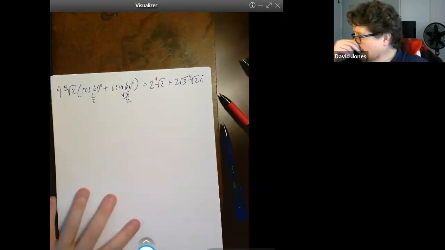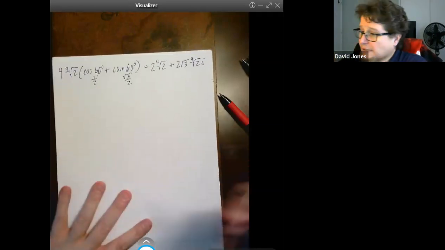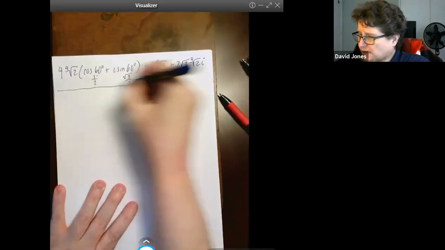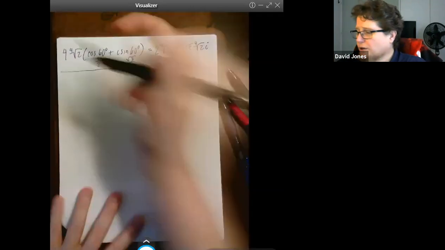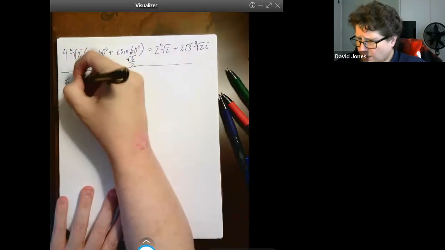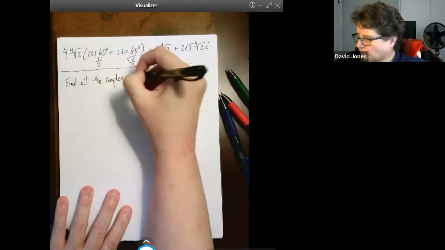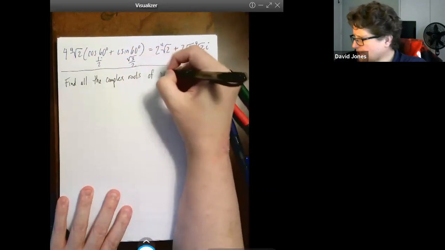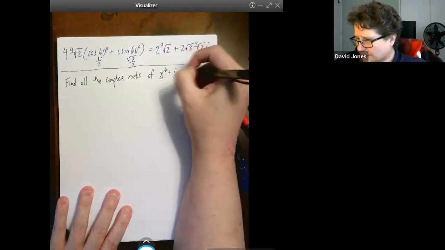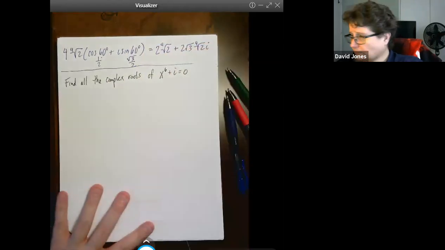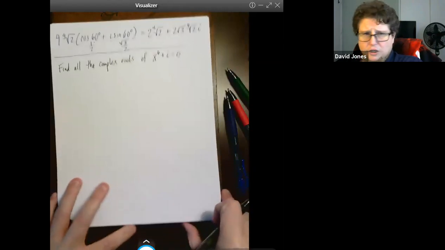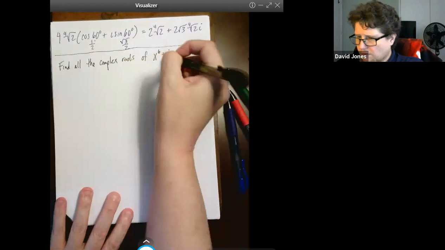All right, we can also do, they give us this equation. They might give us the answer in equation form. Find all the complex roots of x to the 6th plus I equals 0. So I'll rewrite it.